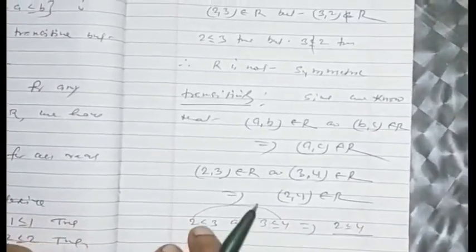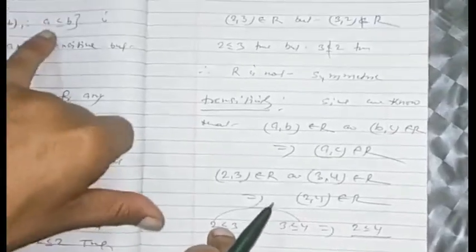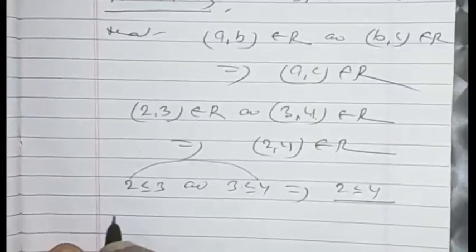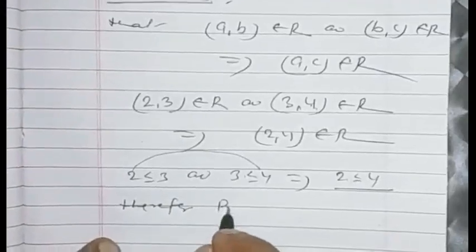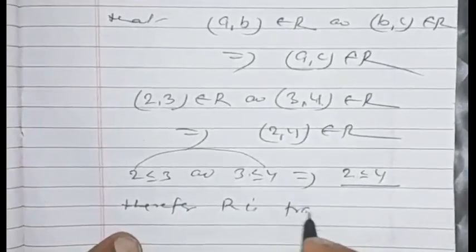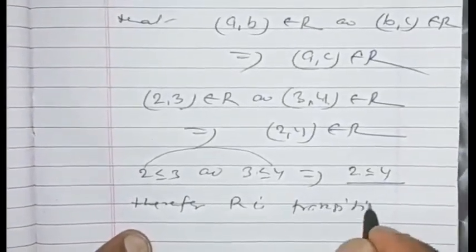On the basis of this relation a less than or equal to b, therefore R is transitive.